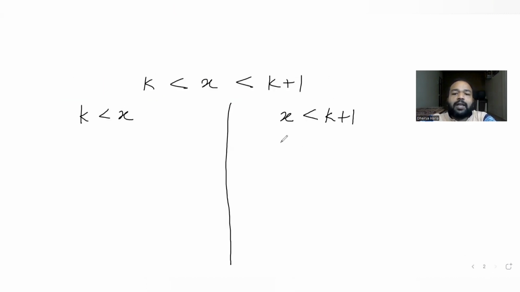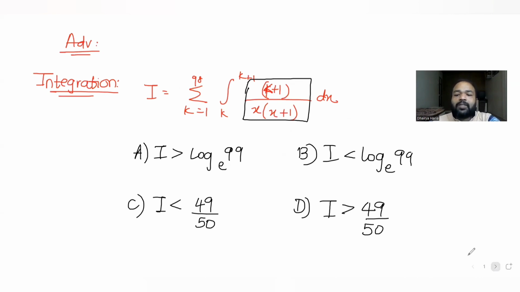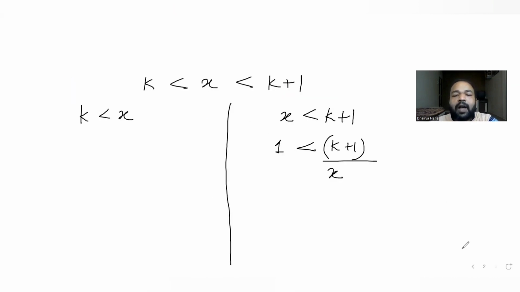I'm dividing by x because x is for sure a positive value. x is between the limits k and k plus 1, and k goes from 1 to 98, so k is positive, and k plus 1 is even more positive. Since x is always positive, I can divide both sides of the inequality by x.